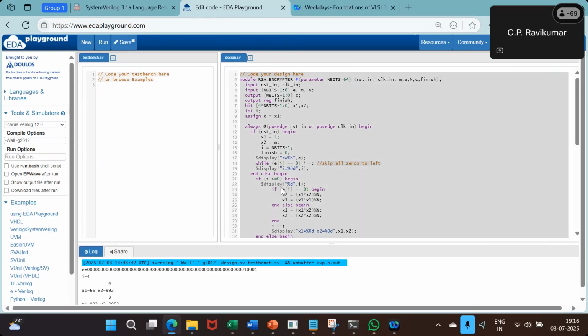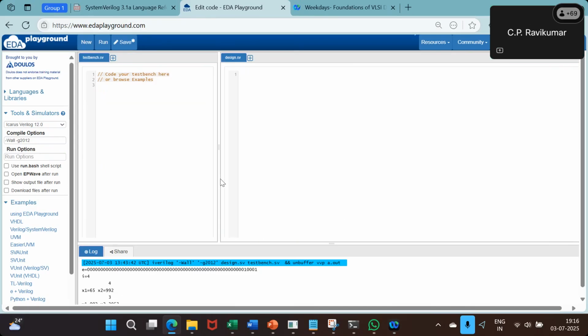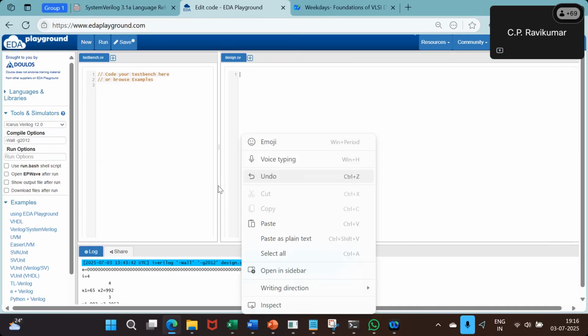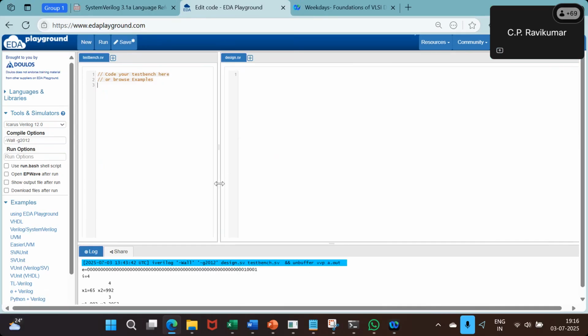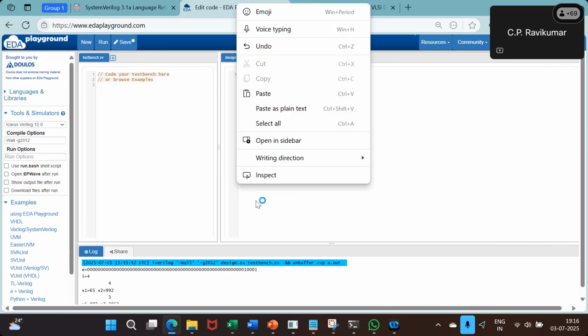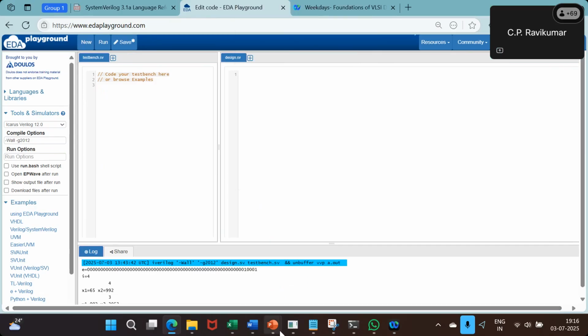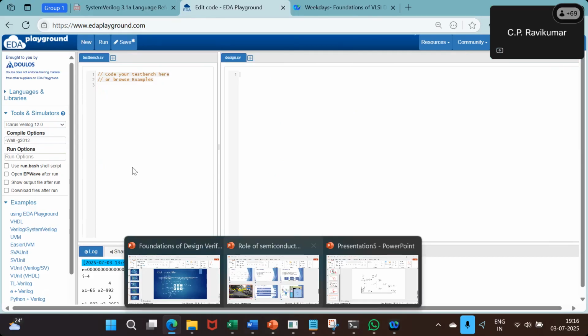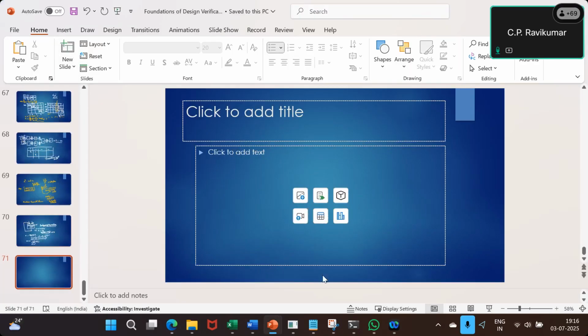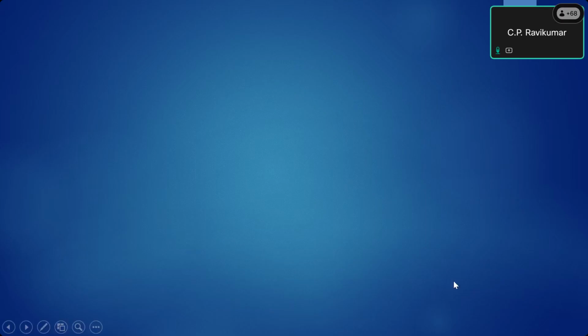Any other questions? Another thing that I want you all to think about is, I assume many things. Number one, I assume that there was a modular multiplier.